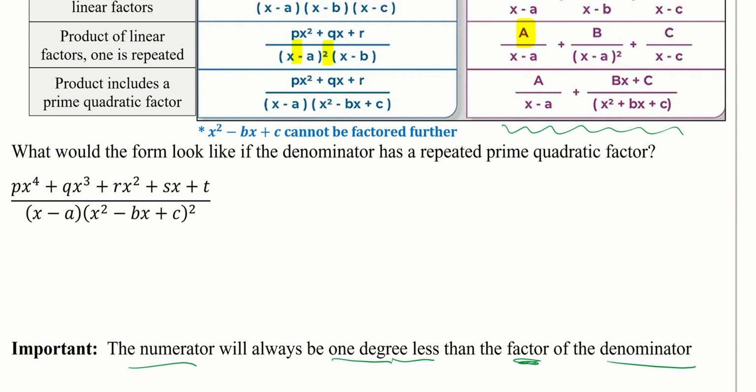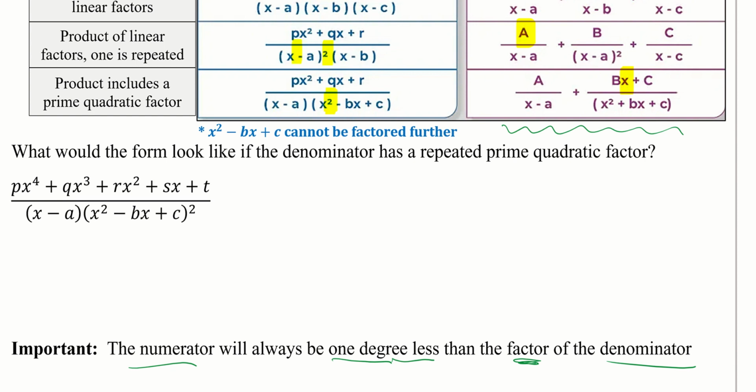So A, B, and C, or A, B, C, D, all of the letters that we'll put on top are all just constants, okay? Whereas here, this factor has a squared in it. So 1 less than squared would just be an x, okay? And that's the big difference: if it's squared, the numerator will have a power of 1. If it's just to the first power, then the numerator is just a constant, okay?